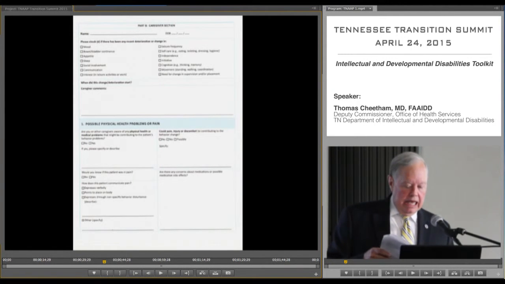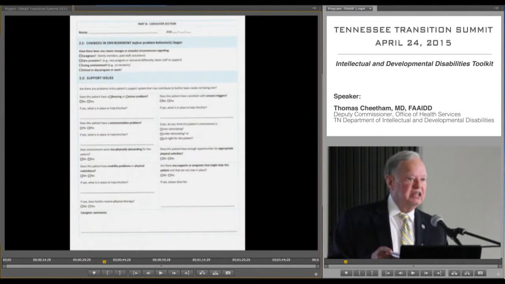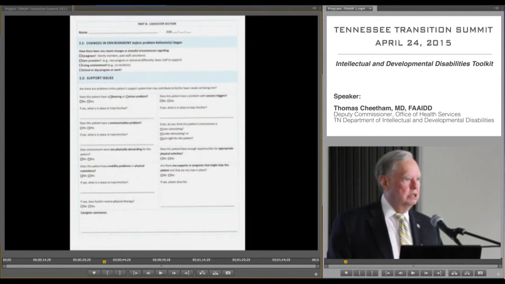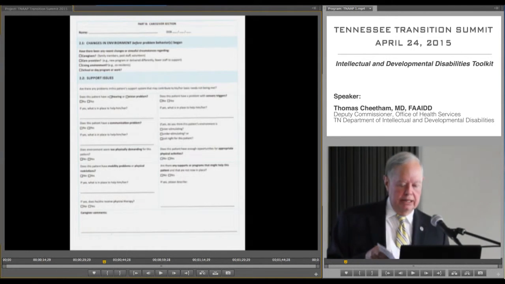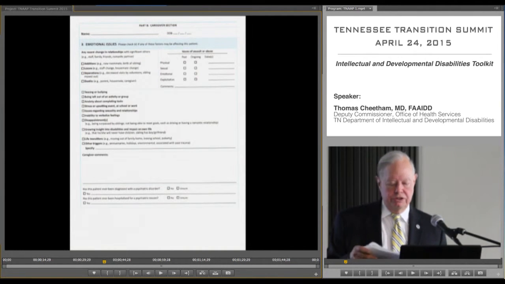And then possible physical problems, but not the same detailed list, of course, as the provider. Any changes in environment, again, examples that are common in adults with intellectual developmental disabilities, and then some supports, particularly specific examples there.